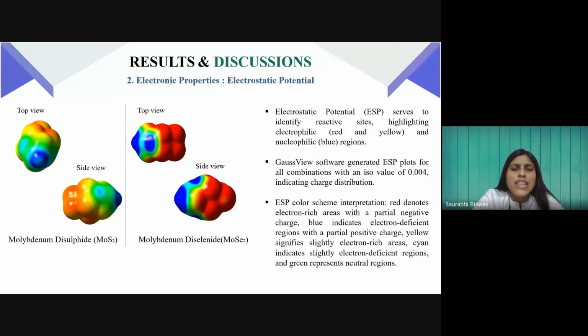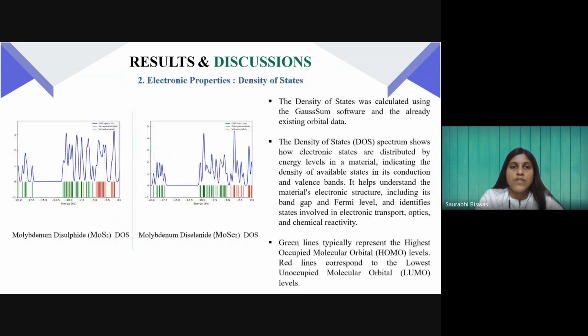Yellow represents slightly electron-rich regions, and cyan blue represents slightly electron-deficient regions. These colors help in identifying the electrophilic, which is electron loving, and nucleophilic, which is nucleus loving, regions, critical for understanding molecular reactivity. We have generated these plots taking the ISO value as 0.004, which was required for the simulations.